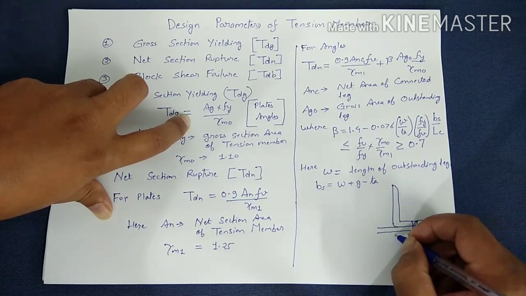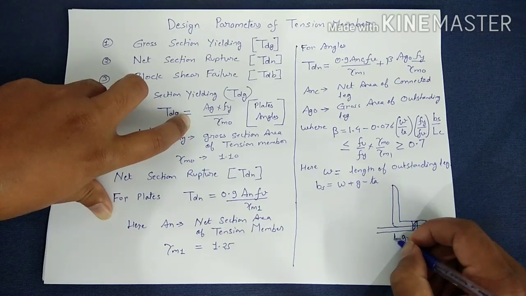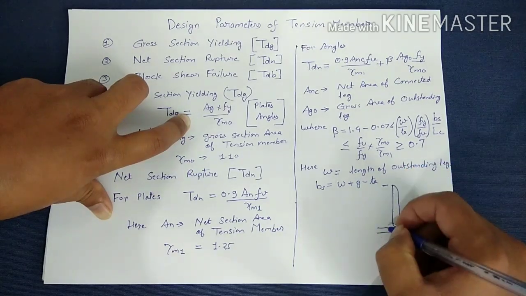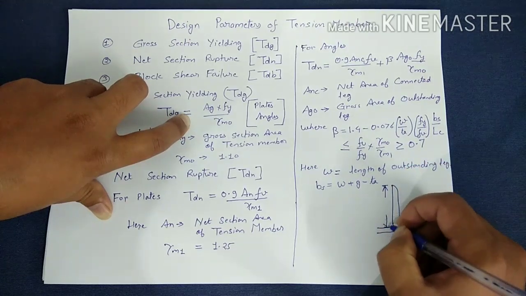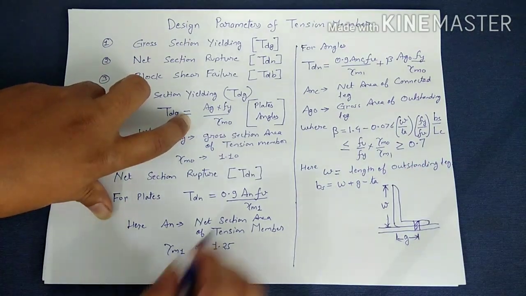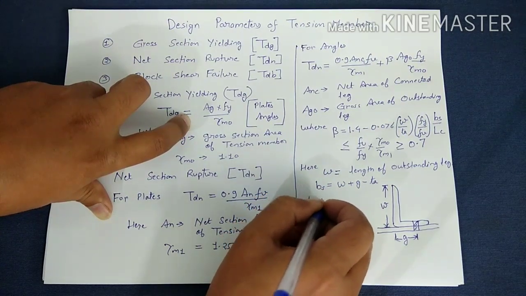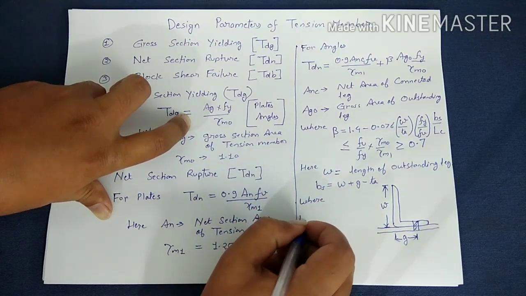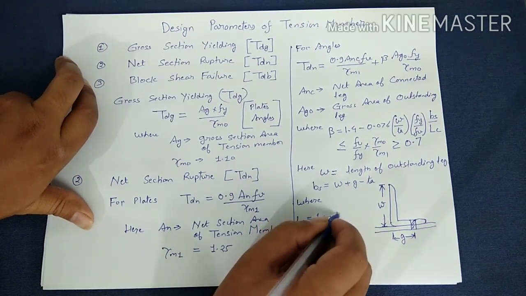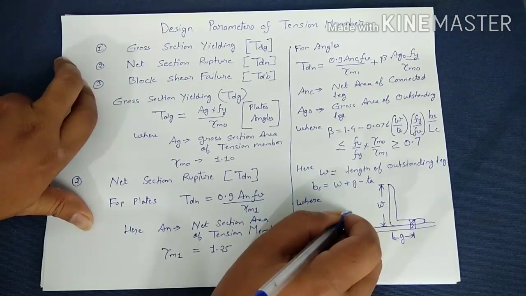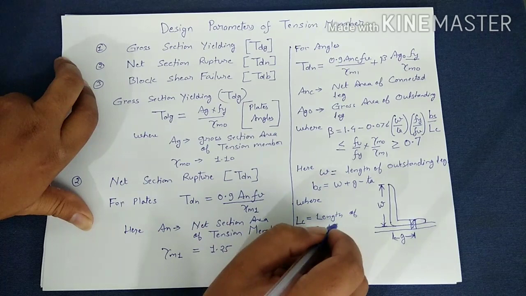So this part is your G and this part is your W, where LC is the length of end connection.